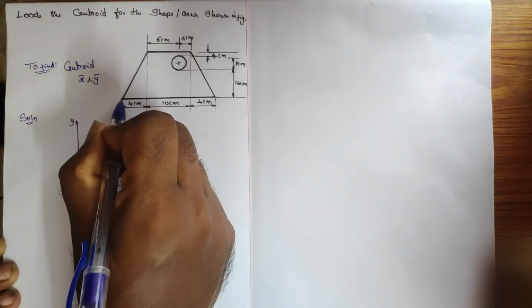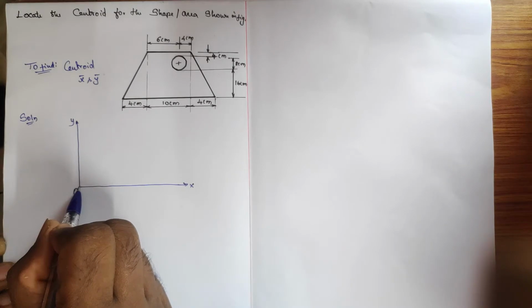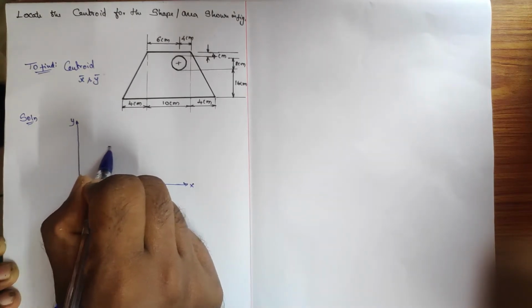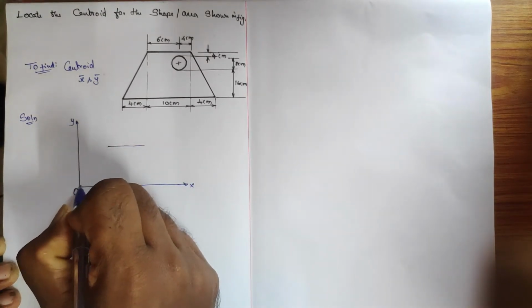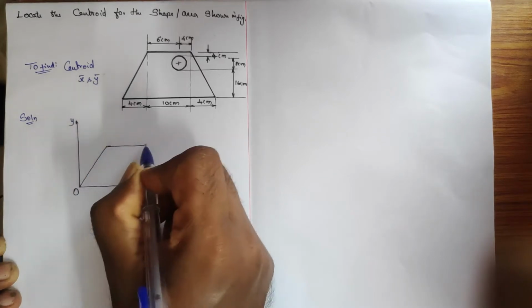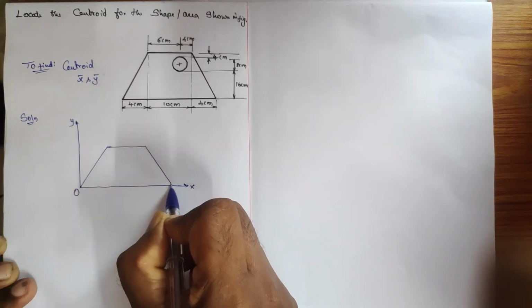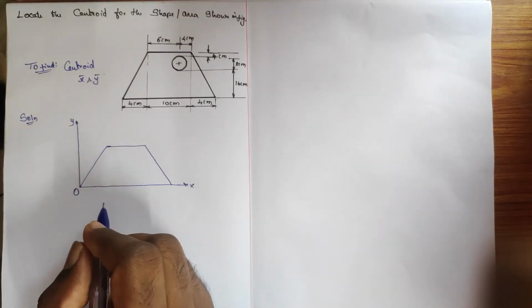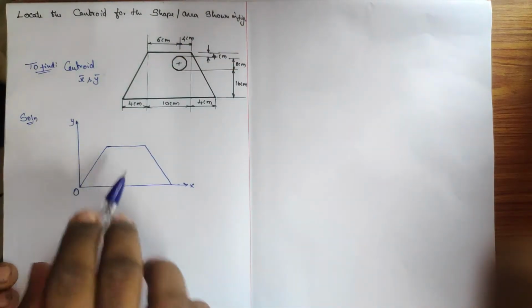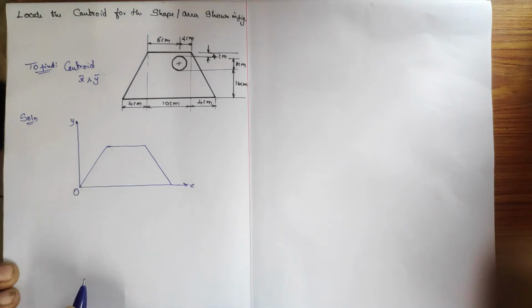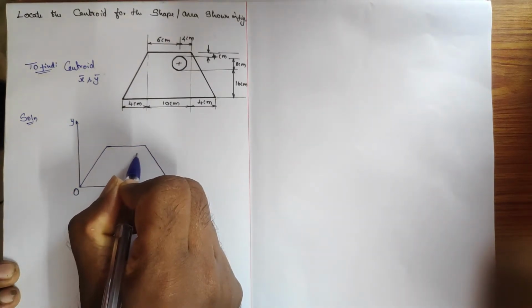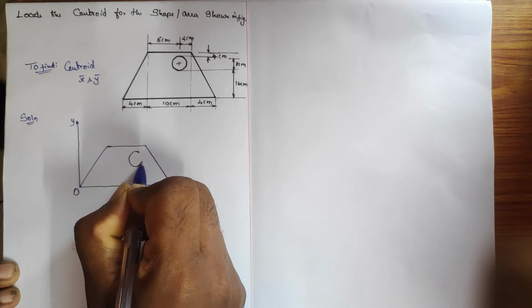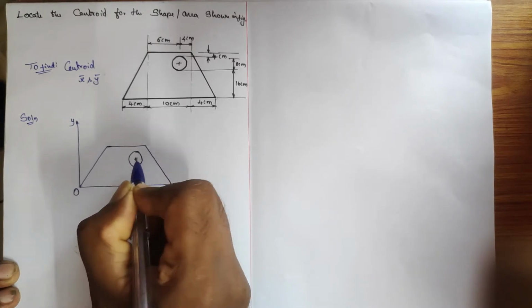So this is how the diagram will be, something like this. I have measurements here, so I'm not going to represent any measurement; if I need, I will mark it down.